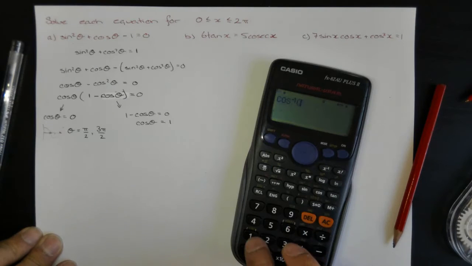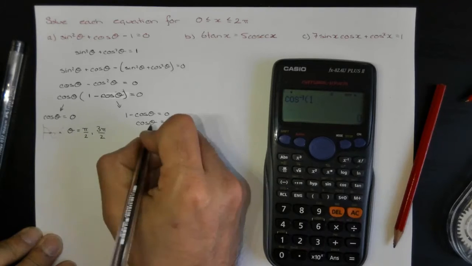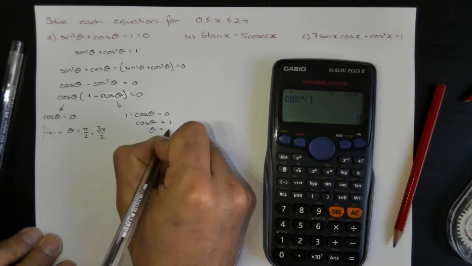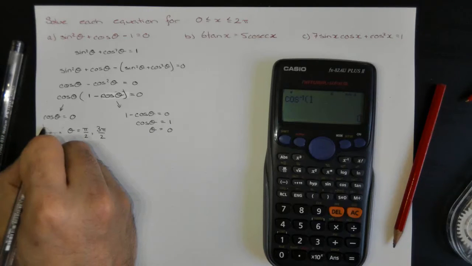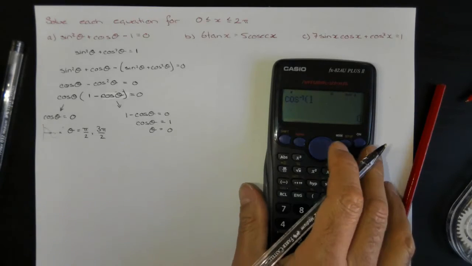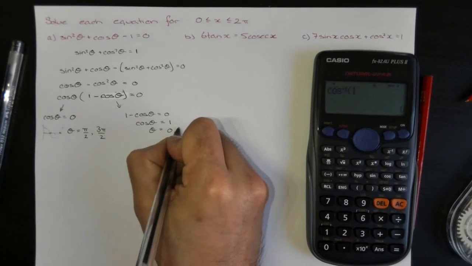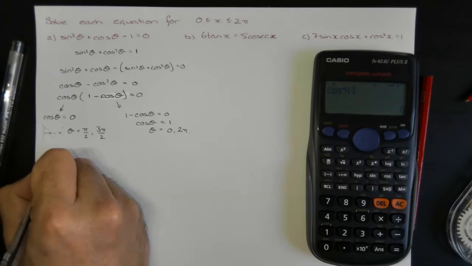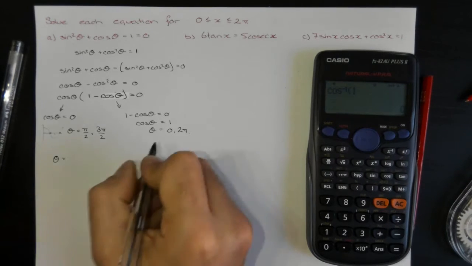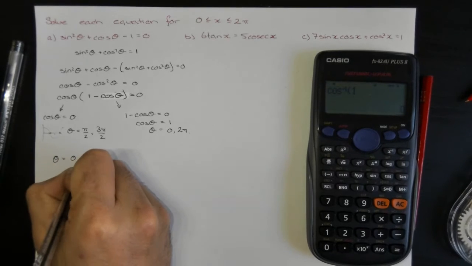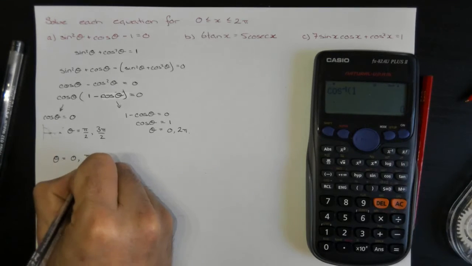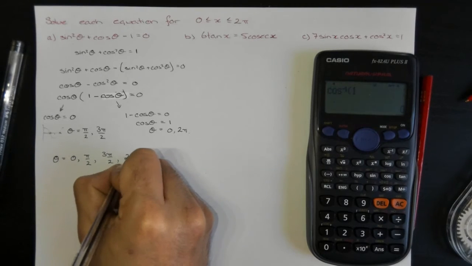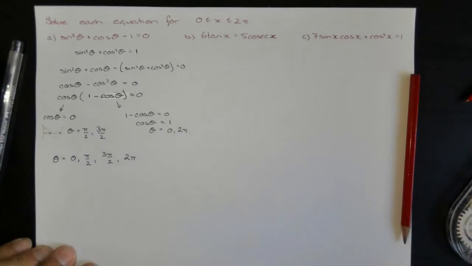So I get theta equals 0, of course, and 2 pi. Okay, so really, when we summarize everything, theta goes from 0, pi on 2, 3 pi on 2, and 2 pi. Okay.